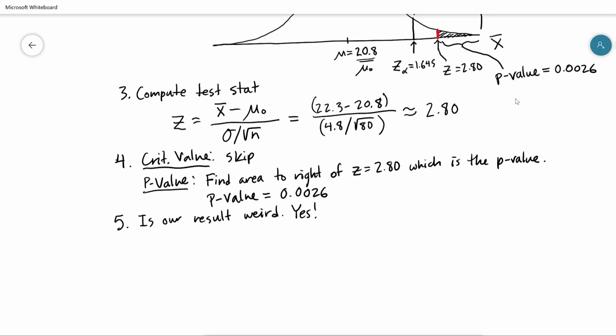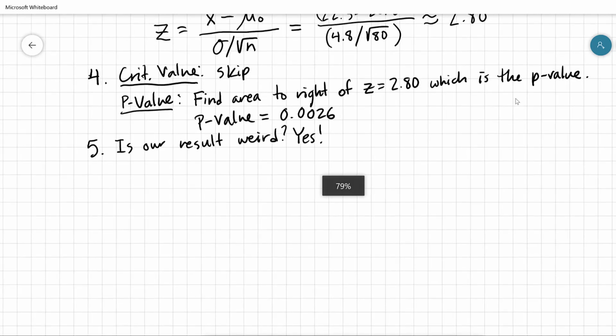And the criteria that we can use to answer that is as follows.